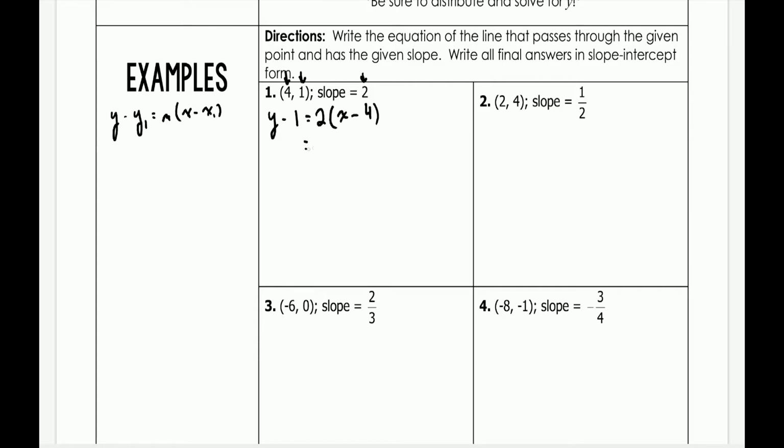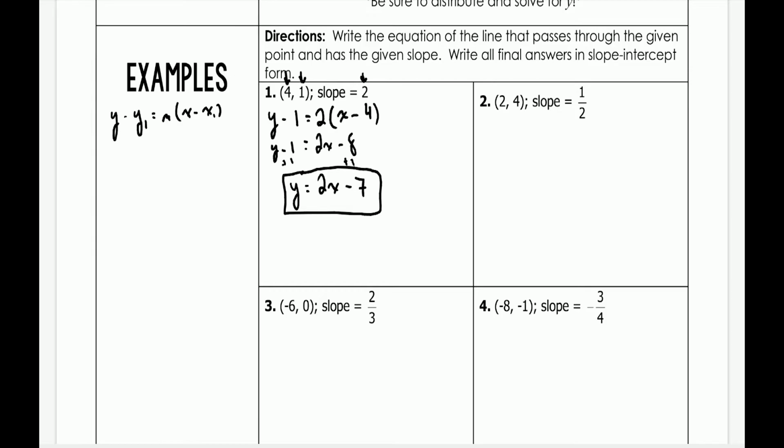So let's go ahead and distribute the 2. We have 2x minus 8. On this side we still have y minus 1. And in order to get y by itself, we're going to add 1 to both sides. That gives me y is equal to 2x minus 7. And that right there is going to be our slope-intercept form for number 1.